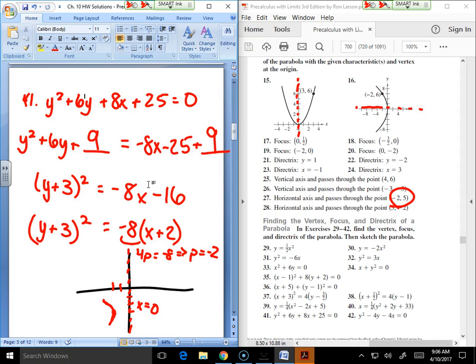The focus is going to be 2 inside the parabola, which is going to be the point negative 4, 2. And my vertex, of course, as we already said, was negative 2. And that checks off that. Sketch the parabola. Sure, I won't judge.